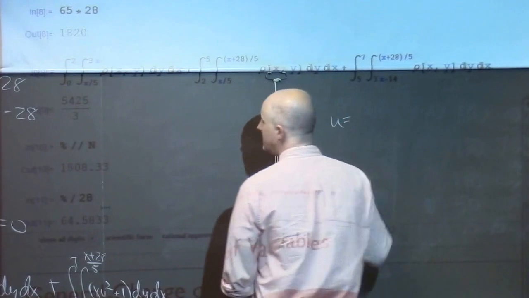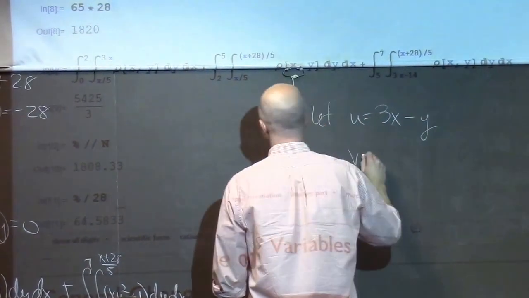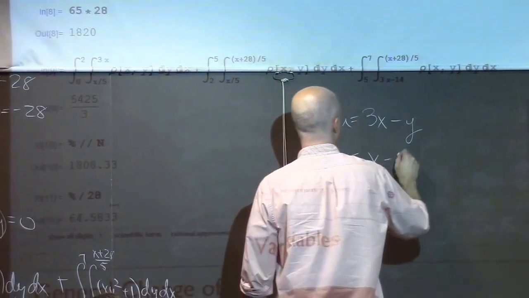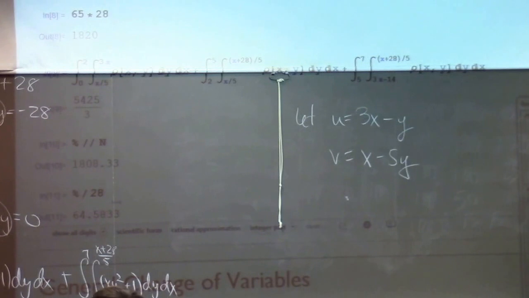Let u equal 3x minus y and v equal x minus 5y. If I make those substitutions based on how I described the parallelogram, u will go between 0 and 14, v will go between negative 28 and 0.